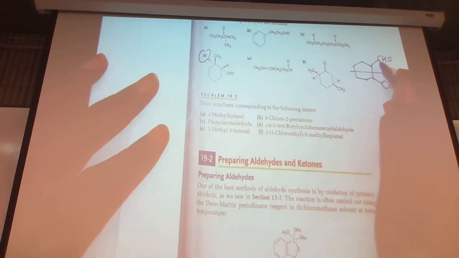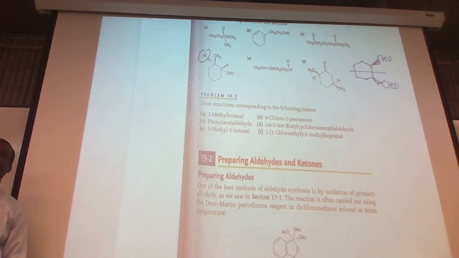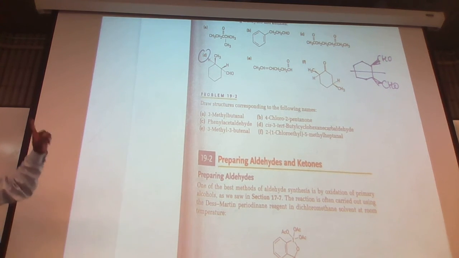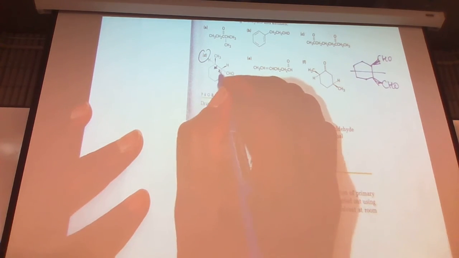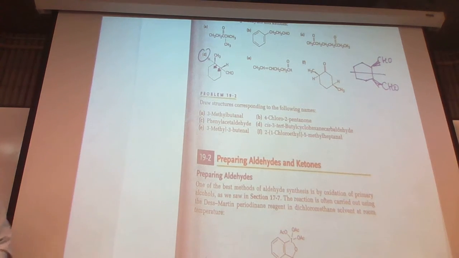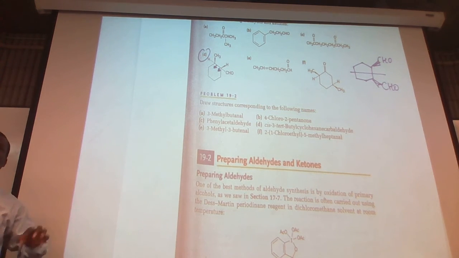So if I give you a stereochemistry here, you can use cis and trans because it doesn't really matter. But by the time you have a stereochemical center, like in this case, this is a chiral molecule. You can, even though the relationship of the methyl to the aldehyde functional group is trans, in the naming you cannot say trans. I know that in the book they said trans this. That is incorrect.